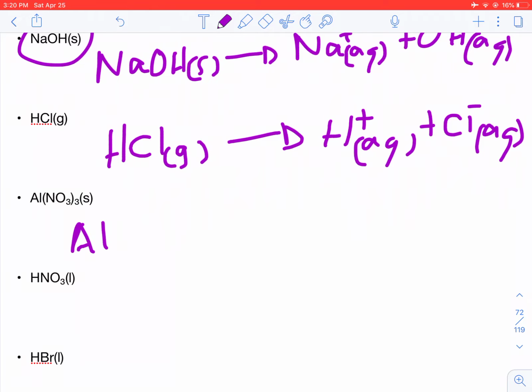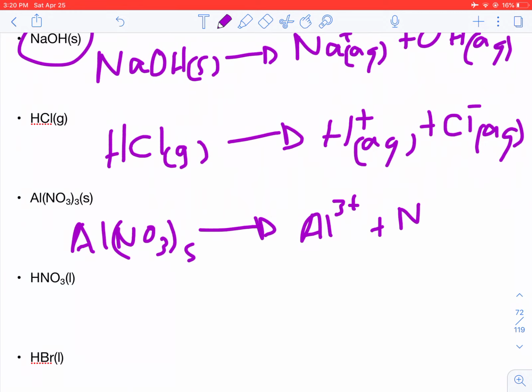Then you got AlNO3, the solid, and we know that's an ionic substance, so that gives us Al. We know what the charge on it is, because we've done that intensively and extensively, plus NO3 minus.